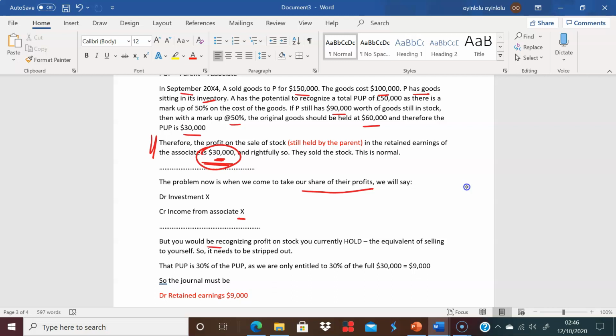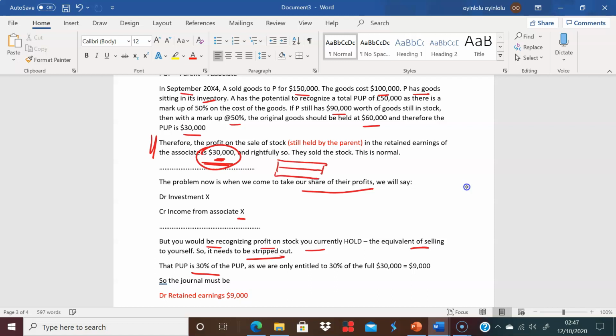So you would be recognizing profit on stock you currently hold, the equivalent of selling to yourself. So it needs to be stripped out, because you cannot recognize profit on stock sold to yourself. We're not adding their stock to our stock. It's just that we've recognized their profits, and in their profits there are profits relating to stock that we have. So that PUP is, again, 30% of the full amount.